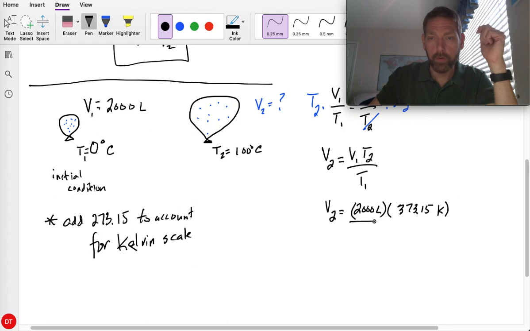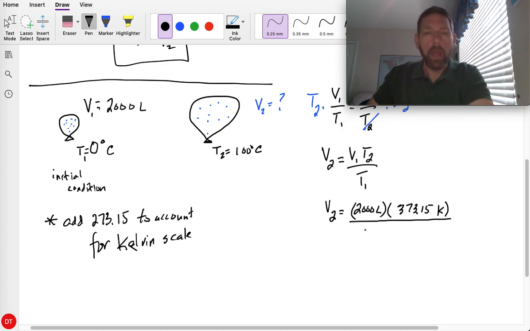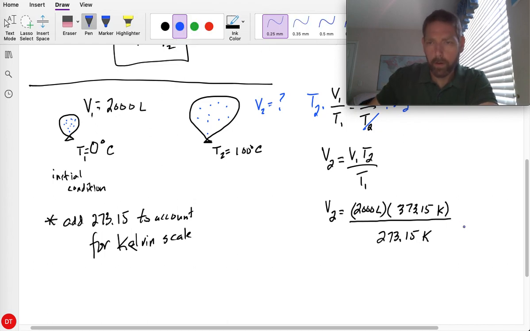You do not use a degree symbol with Kelvin. And then T1 was 0. Well, 0 plus 273.15 is 273.15 K. All right? Units cross out, it's about those units. It's always about the units.